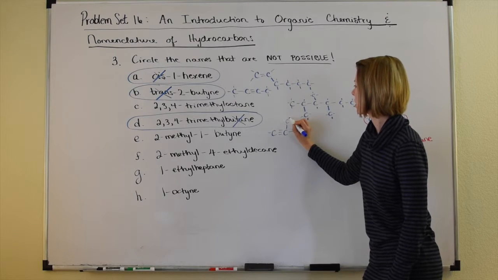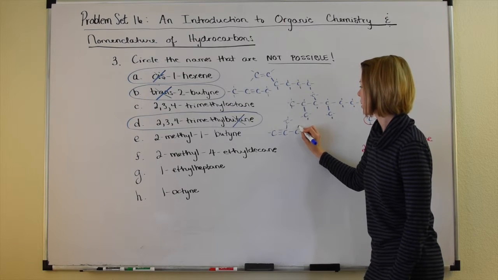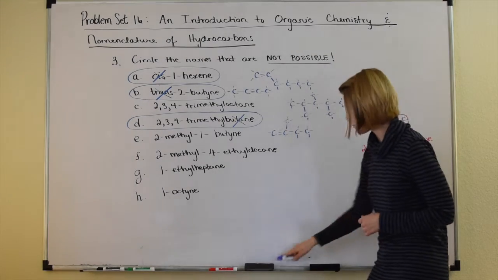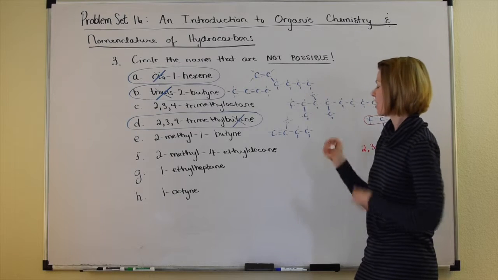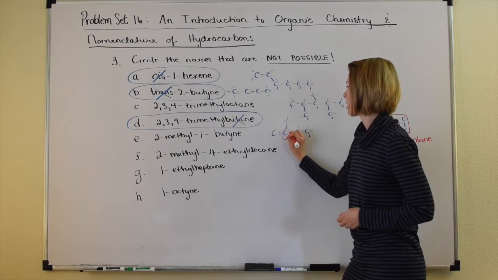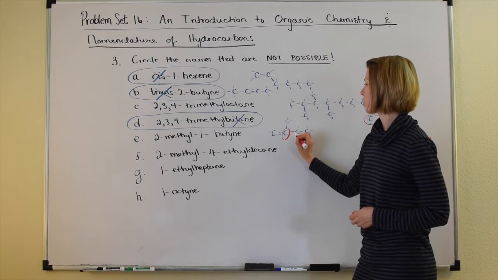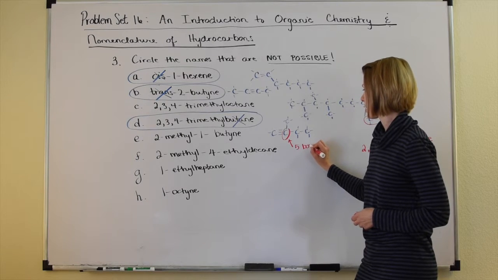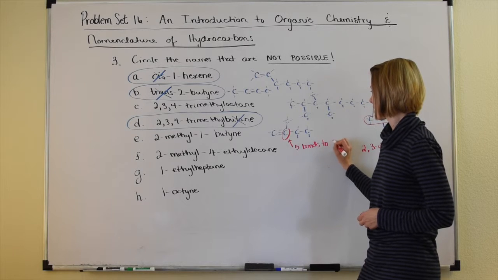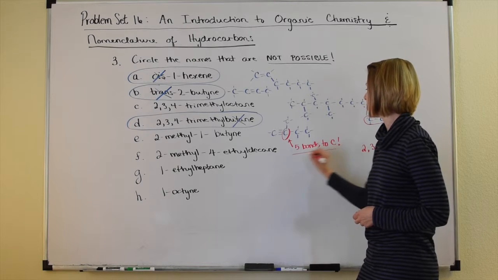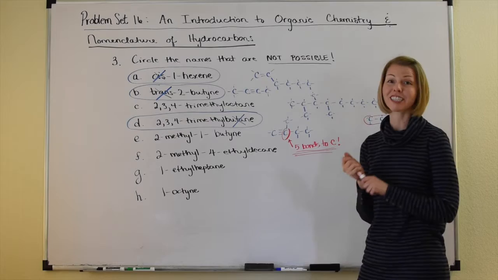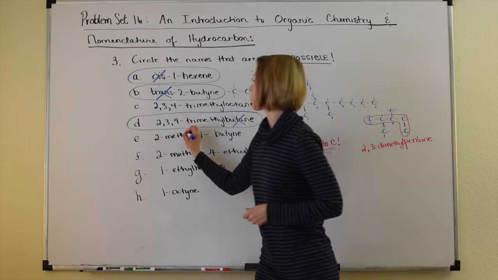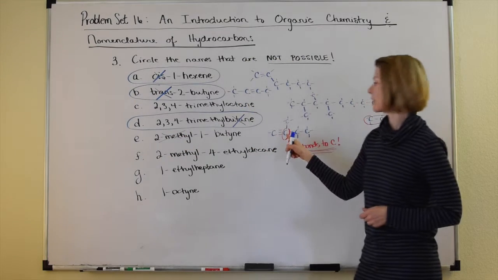And I'm hoping that right away you are zooming in on this carbon, which has 1, 2, 3, 4, 5 bonds. Which is too much for a proper octet. So we would not be able to have that 2-methyl branch in that position.